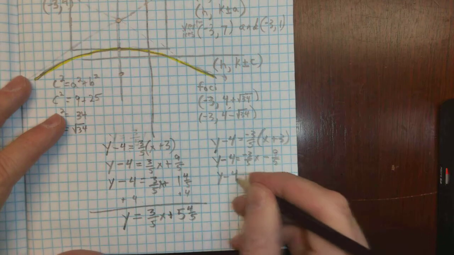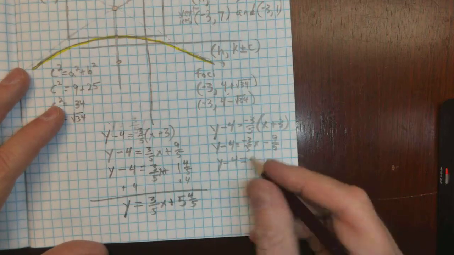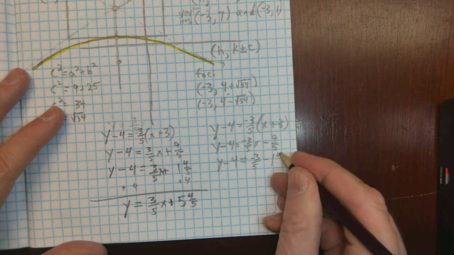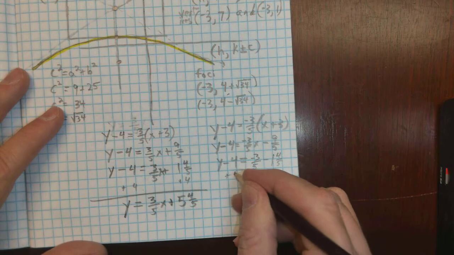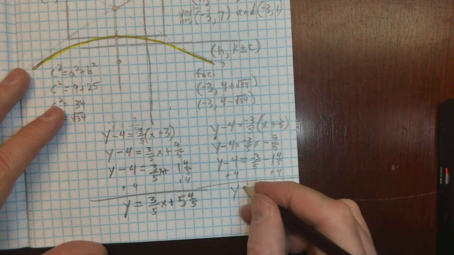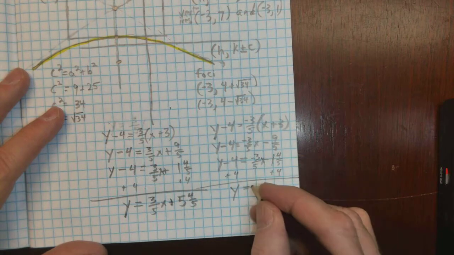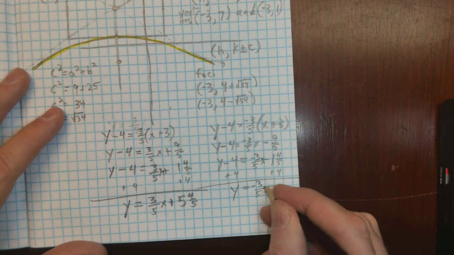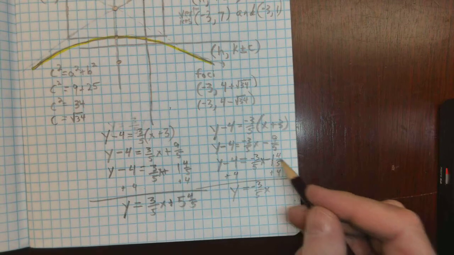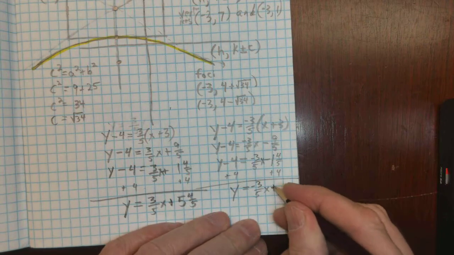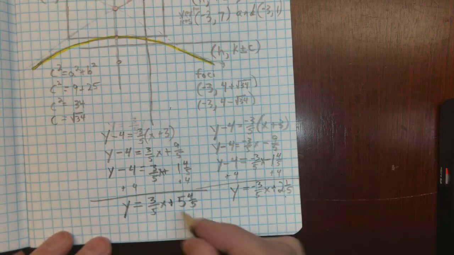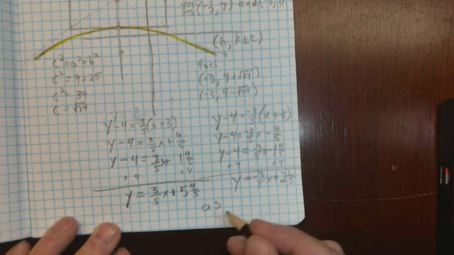So y minus 4 equals -3/5 x minus 1 and 4/5. If I add 4 and add 4, y equals, I forgot the x again, -3/5 x. This is -1 and 4/5. So I subtract 1, that's 3, and if I subtract 4/5 from that, that is 2 and 1/5. So these are the asymptotes.